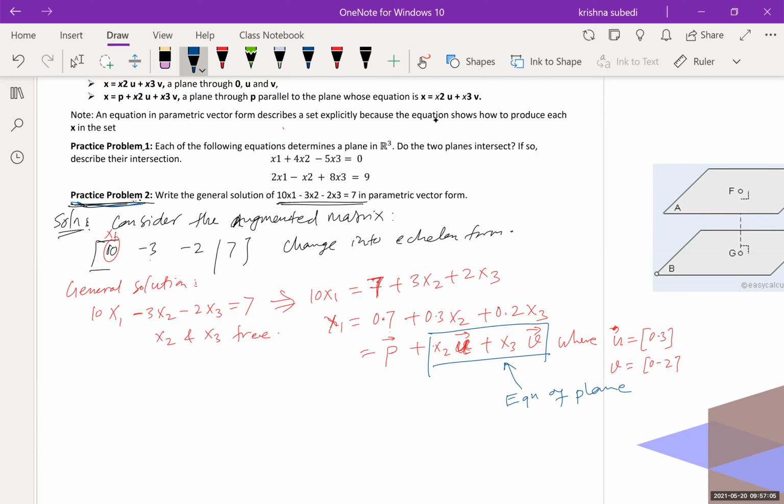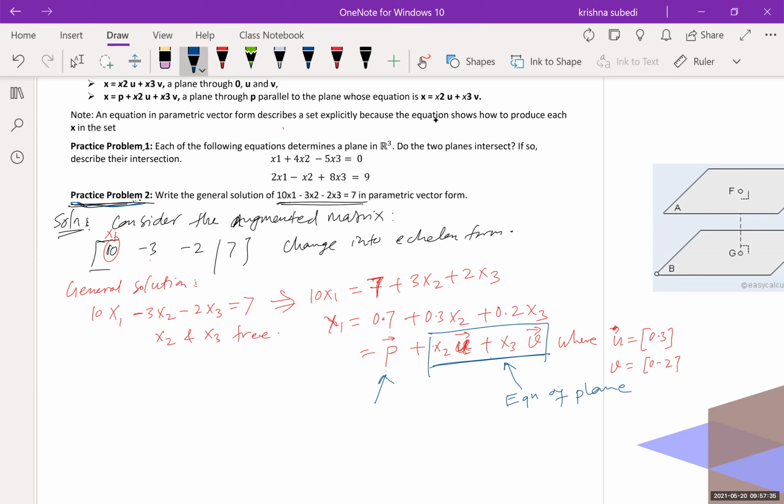Okay. Now, when we have two free variables, this gives us the equation of a plane. When we have one free variable, a line. Okay, please remember this. One free variable gives us a line. Two free variables give us a plane.